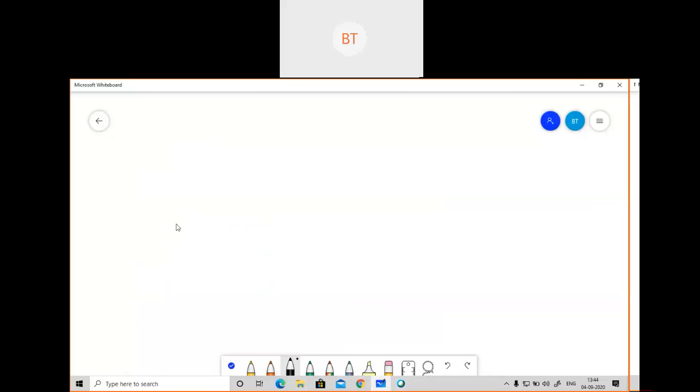So the class code is small u, small d, 5LRX6. This is small d.